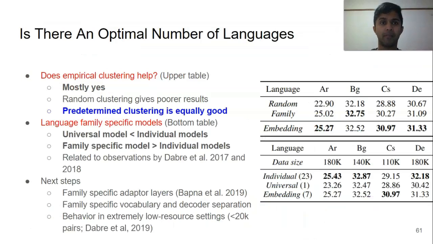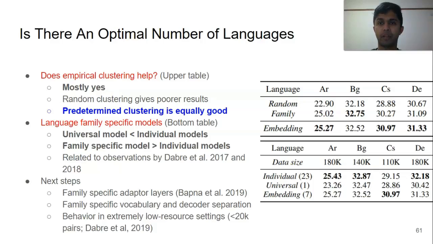Once language families have been determined, Tan et al. focused on determining whether empirical clustering helps or not. If you look at the upper table, then you see that language family specific clustering leads to better translation quality for languages. To be specific, if you look at the line labeled random, it means languages are clustered regardless of the language family they belong to.